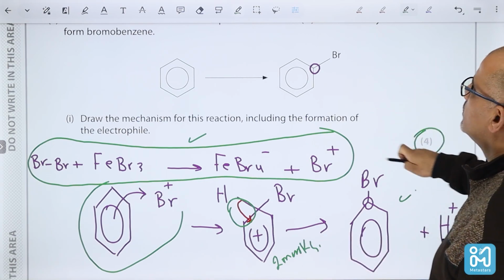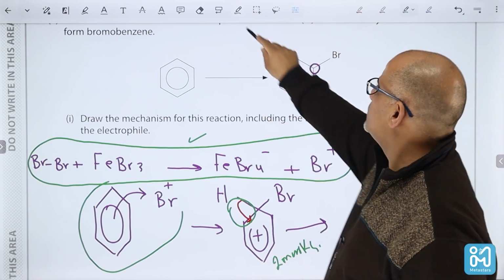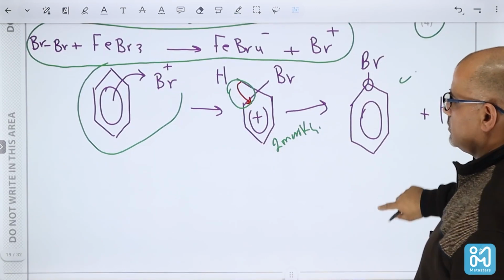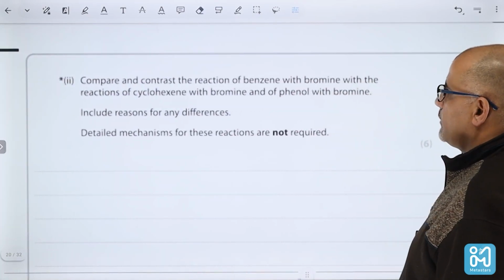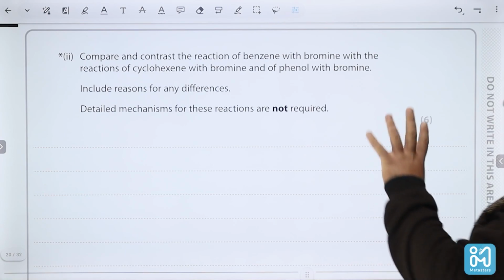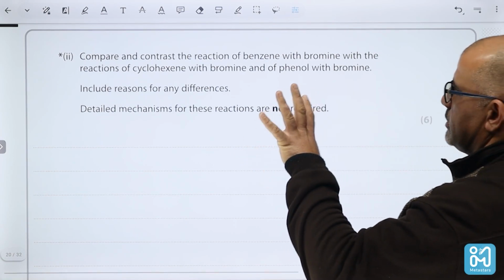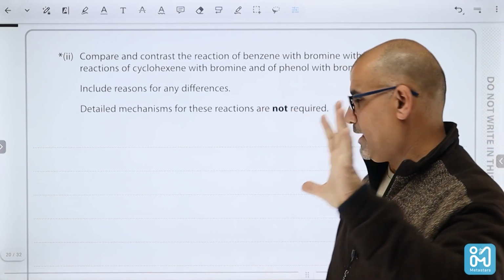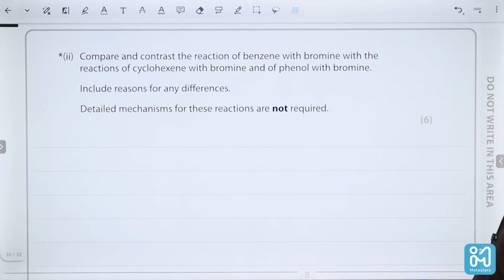Now, the next idea is, take care, there is a star there. It's an asterisk question. Compare and contrast the reaction of benzene with bromine with the reaction of cyclohexene with bromine and of phenol with bromine.